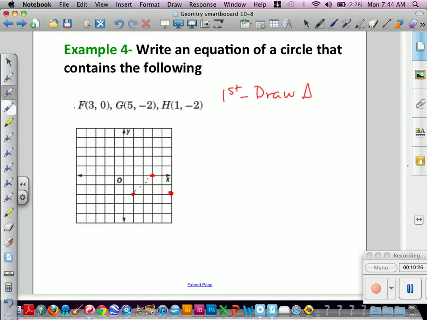So I'm going to draw this triangle here. Then the second thing you're going to do is draw in the perpendicular bisectors. Draw 2 perpendicular bisectors and find the intersection.